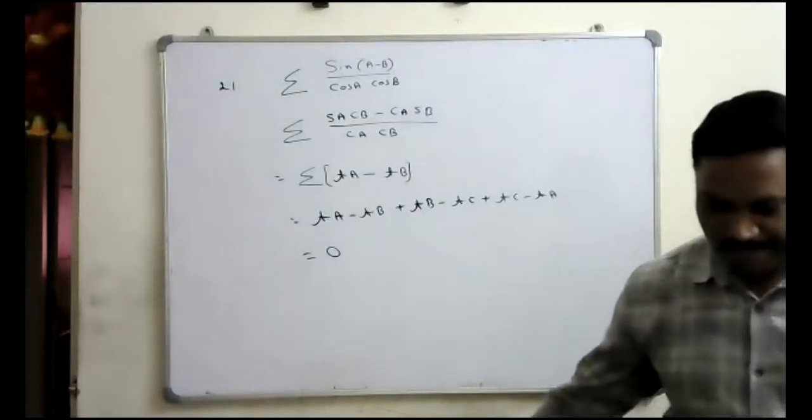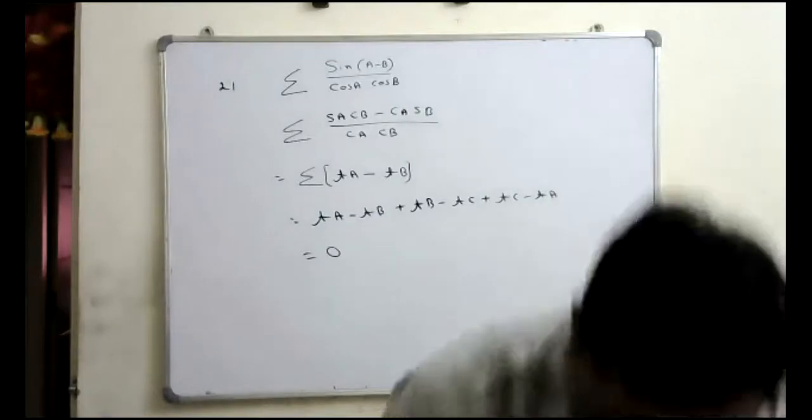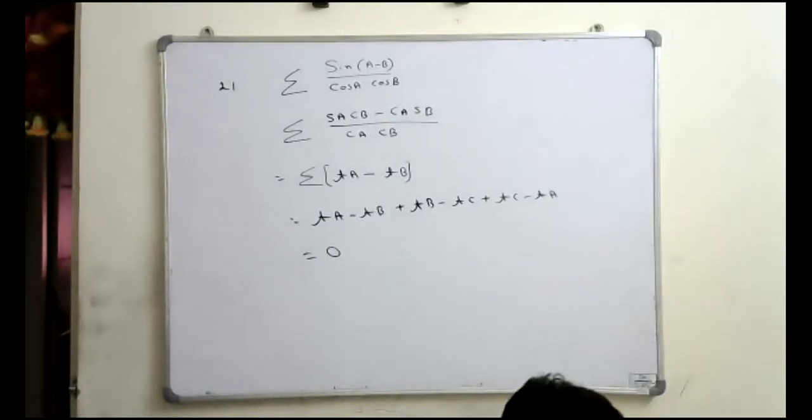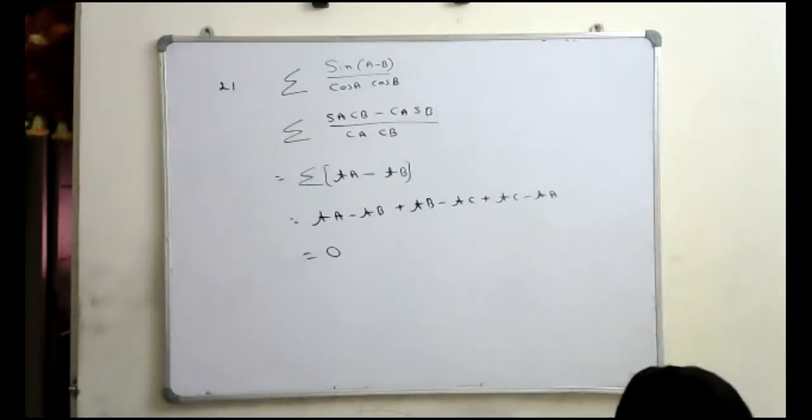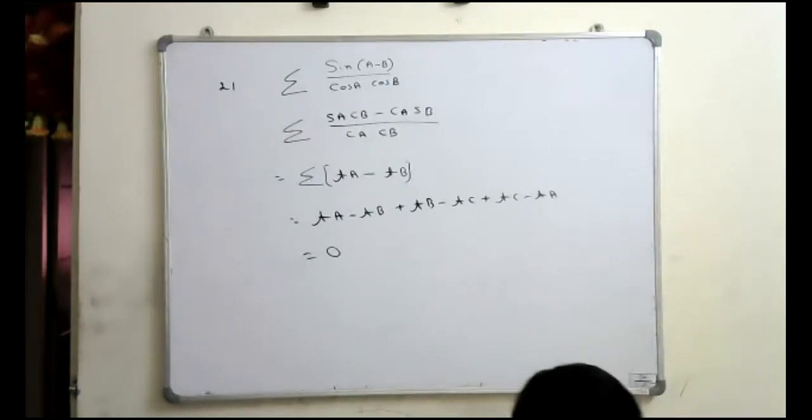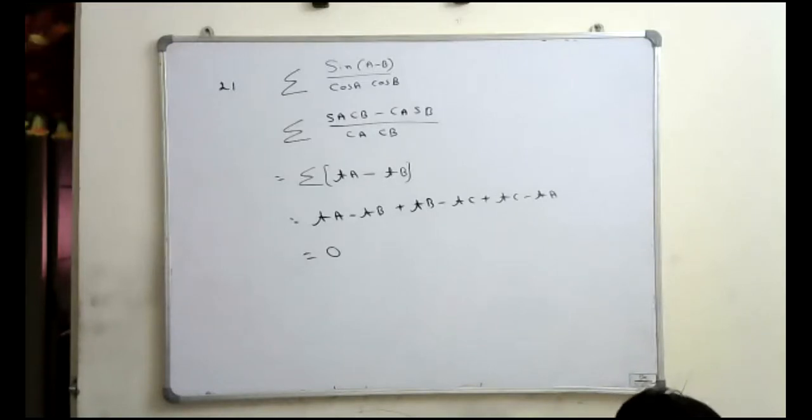Sir, if we have a plus in the numerator, between A and B, then we would get a different answer: the summation of tan A plus tan B, plus tan B plus tan C, plus tan C plus tan A would be the answer. Yes. If in the question we have given three angles A, B, and C, do we have to consider a fourth angle D?